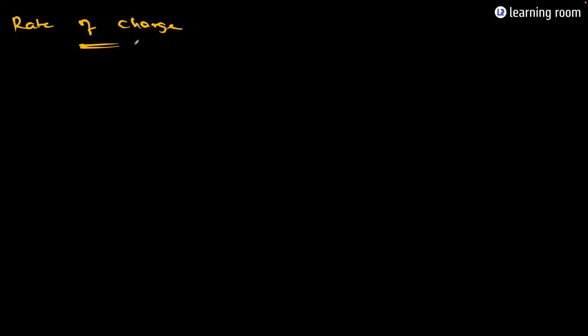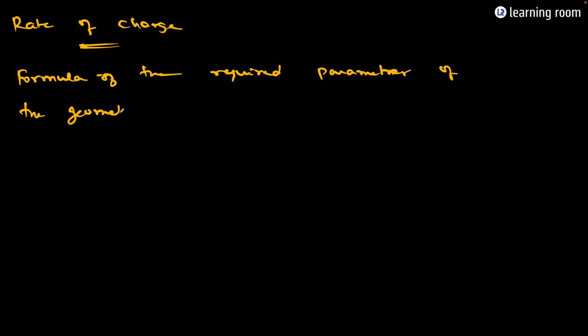Most problems based on rate of change have geometrical structures. So you need to write the formula of the required parameter of the given geometrical shape. Then what is the most important point that you need to observe? I'm going to tell you only one technique, which you can use throughout this chapter.